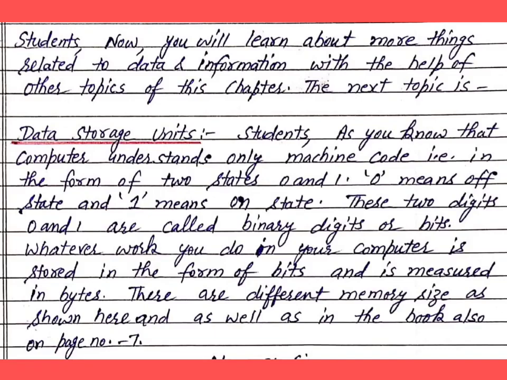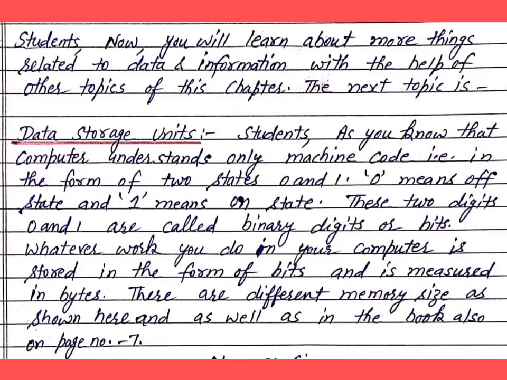Students, as you know that computer understands only machine code, that is in the form of two states 0 and 1. 0 means off state and 1 means on state. These two digits 0 and 1 are called binary digits or bits. Whatever work you do in your computer is stored in the form of bits and is measured in bytes.